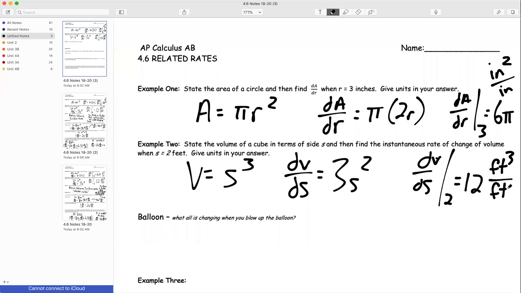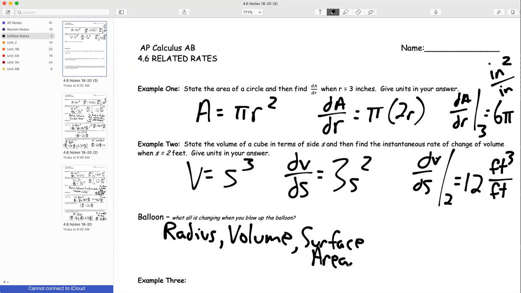So for example, the radius of the balloon is changing as I blow it up and increase the radius there. What else would be changing? Volume. The volume is changing. What else? Oh, the surface area is also changing.